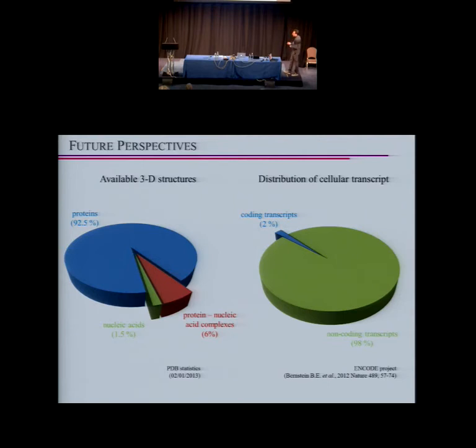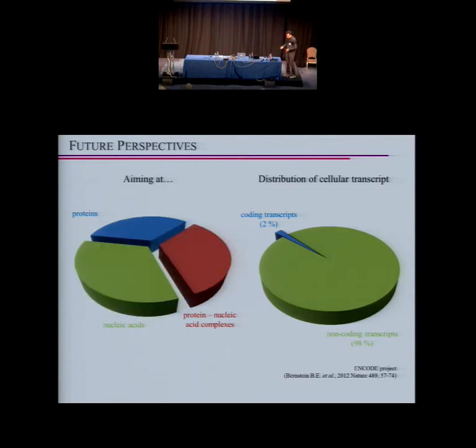Most of these non-coding transcripts are now more and more being characterized to possess well-defined tertiary structures, well-defined structural domains. Therefore, I hope that with a little bit of contribution from my seminar, we will in the future revert the tendency and aim at a more equal distribution of known structures of all the different macromolecules.